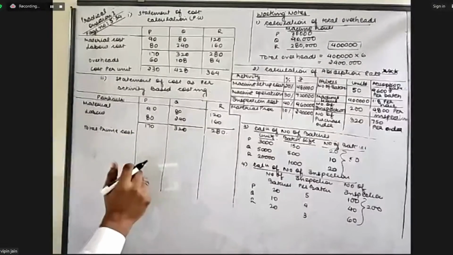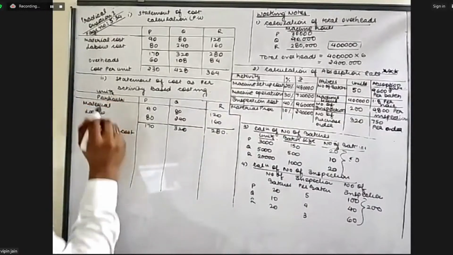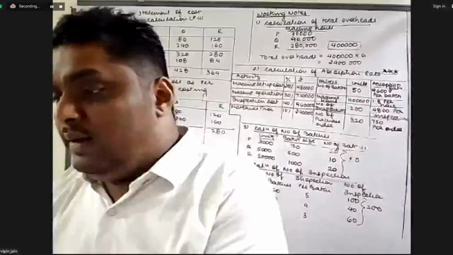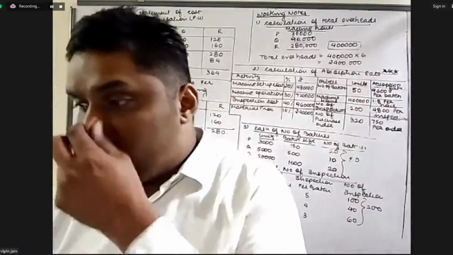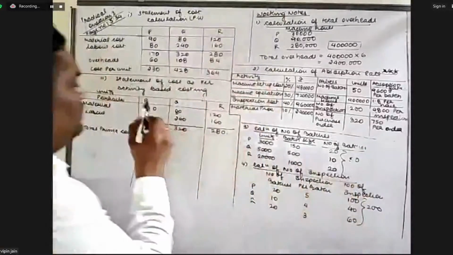So if we multiply it with number of units, we'll get the total prime cost. Herein, the number of units is given in the question, that is 3,000, 5,000 and 20,000.